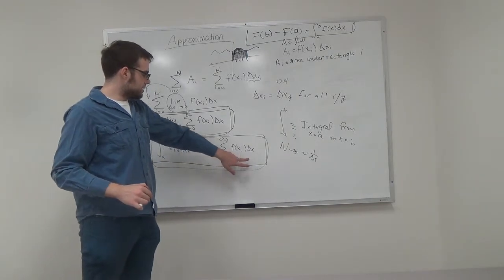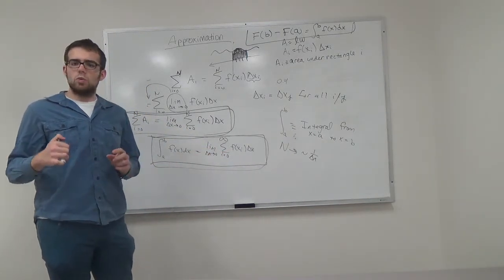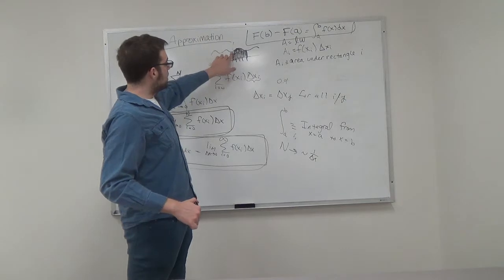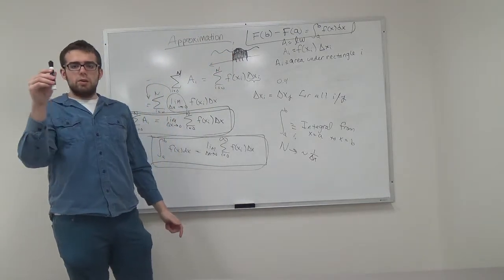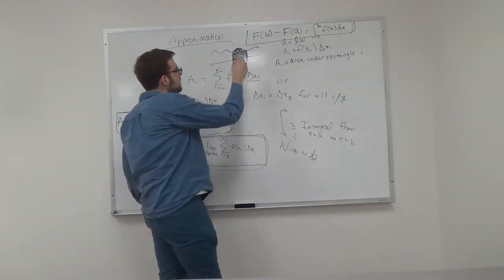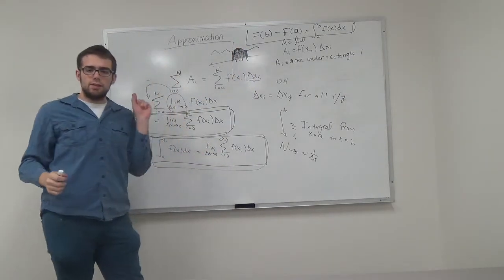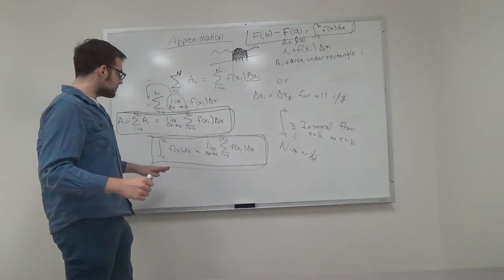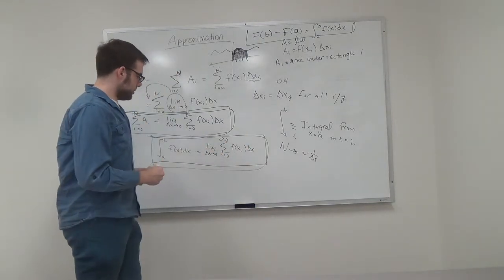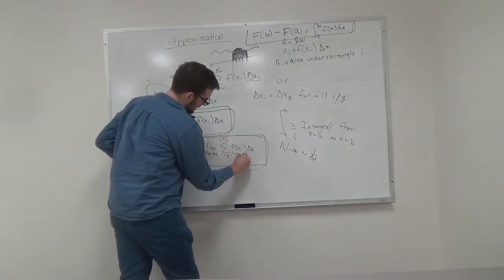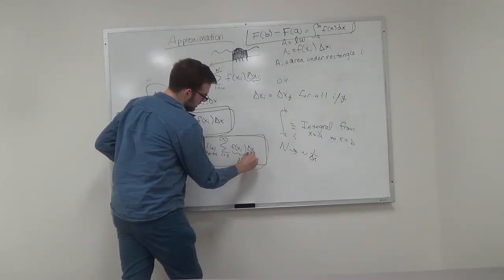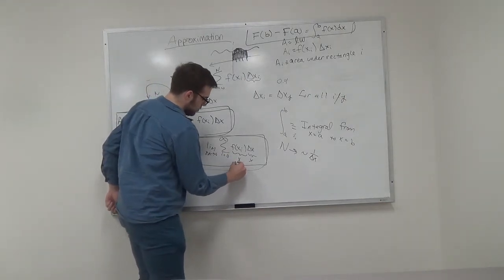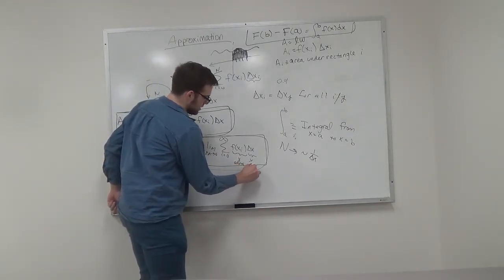In order to determine the area under the curve, you have to take an infinite amount of very small rectangles and find the area of these infinitesimally thin rectangles. That's essentially what we're doing, because remember, f of x i is y, and this is our width term, and this is our length term.